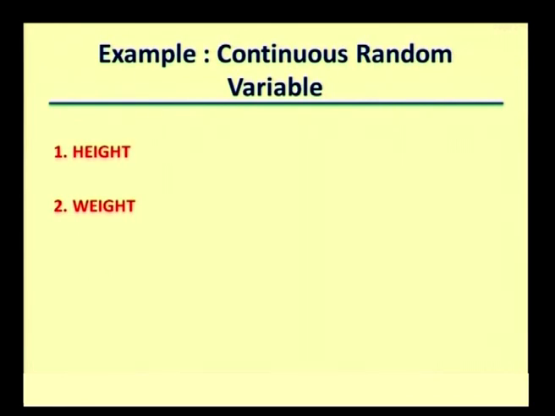You can say the height varies from 15 centimeters to 16 centimeters, like that. So weight also, it is a variable, it is varying, it is continuous. So these kind of factors, height, weight, age etc. are continuous in nature. So these kind of continuous nature parameters are called continuous random variables.